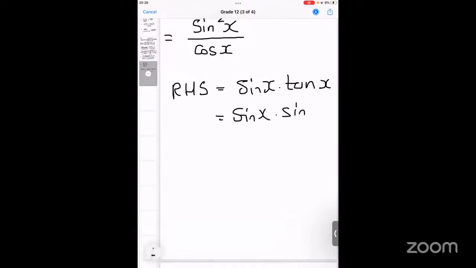You two can see, isn't it? Yes, sir. So that means now we end up having sine squared, and then it's done. Now we will definitely need to move on to the next one.